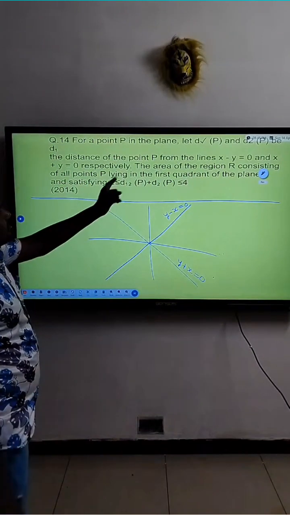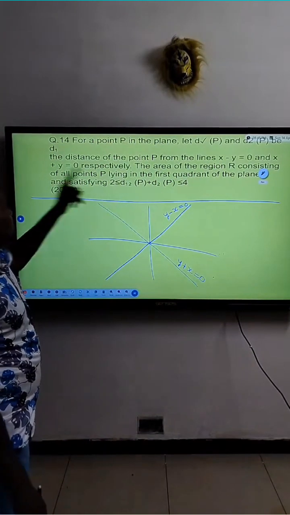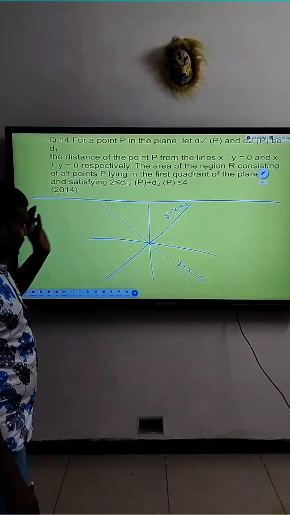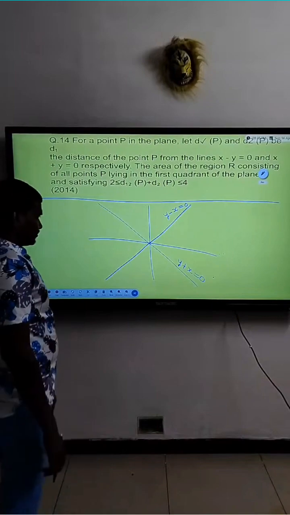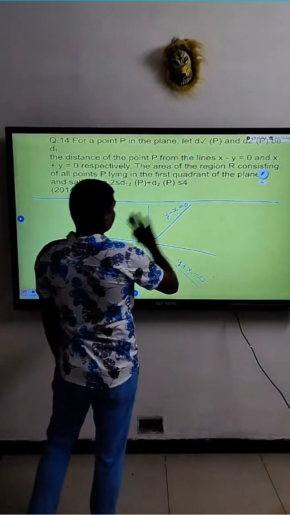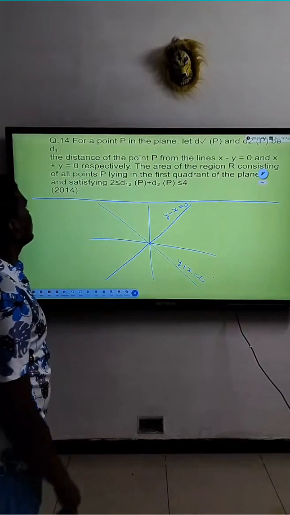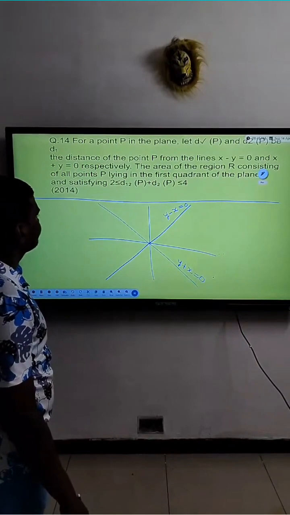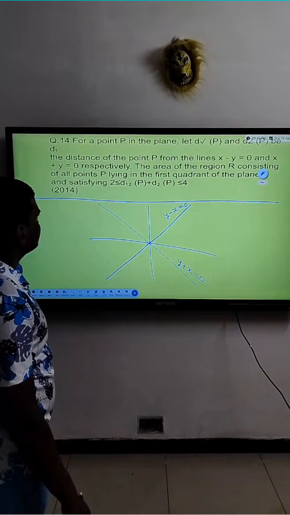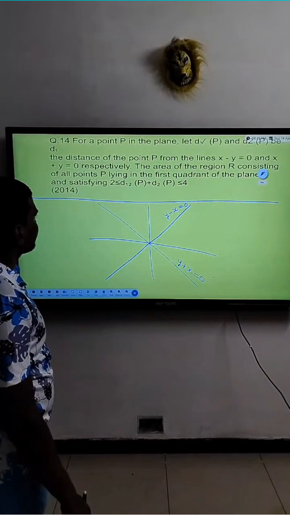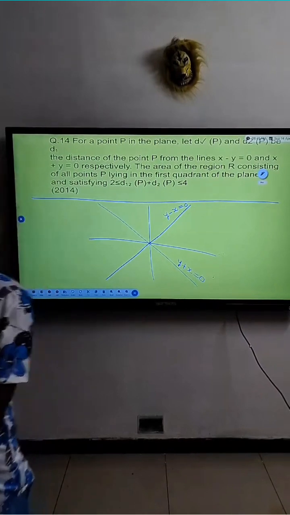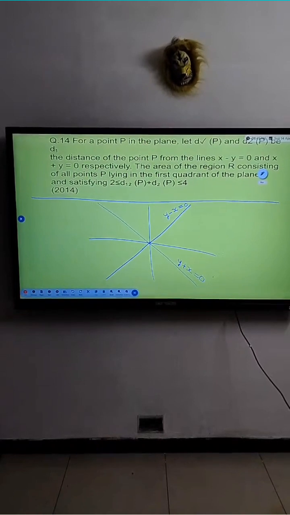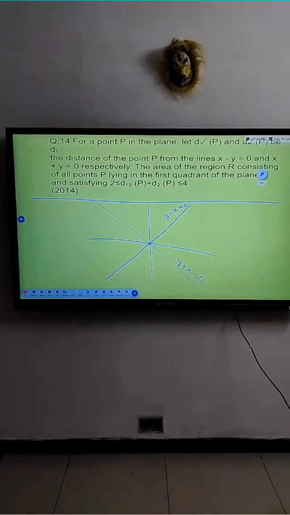Then they say the area of the region R consisting of all points P lying in the first quadrant, and the distances must be from 2 to 4. R is the region consisting of points P lying in the first quadrant.